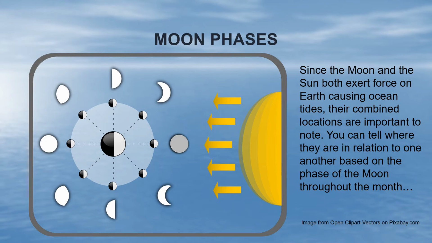When you have a full moon, as we see on the very left hand, this image is showing the sun and the rays of the sun going to Earth, which is in the middle. The moon is always lit up on the side that's facing the sun. That's shown in white, and the dark side of the moon, the side that's not lit up by the sun, is shown in black.